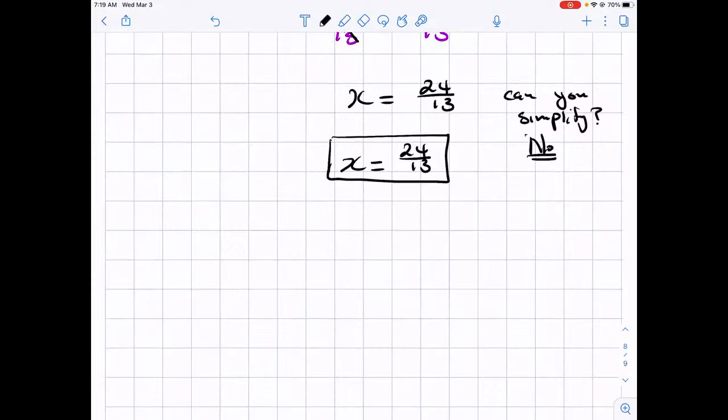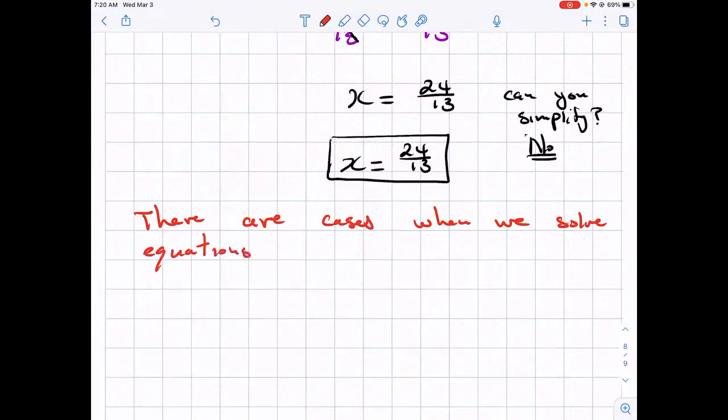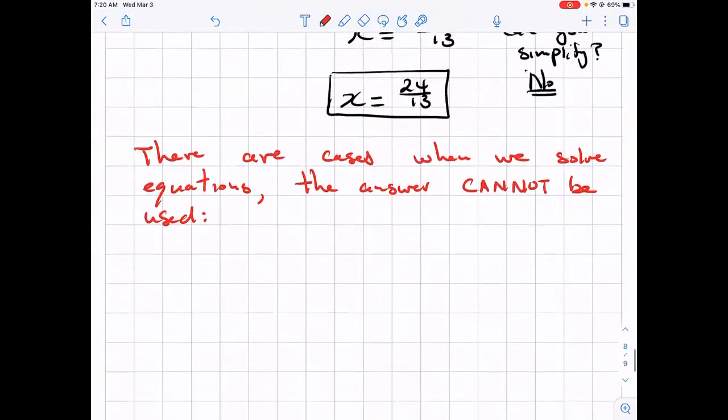So we can have equations that when we solve, the answer cannot be used, right? We can't use them. So we will notice that there are cases, okay, when we solve equations, the answer cannot be used.